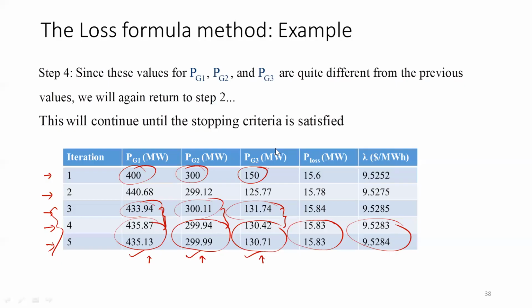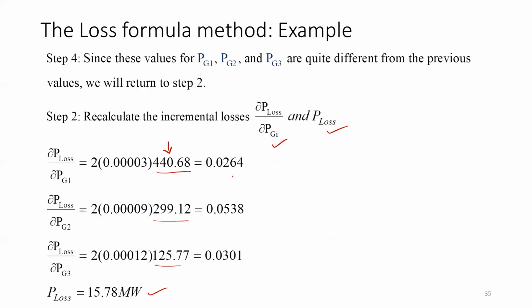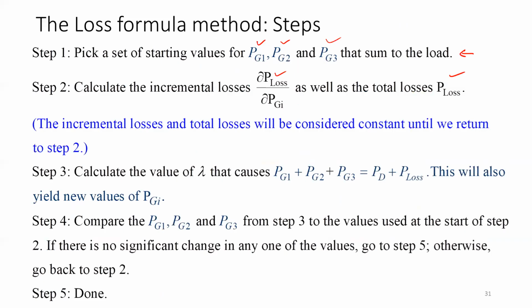Sir, for the initial values, there can be a lot of combinations. So below the value of PD, any combination is suitable? Yeah, you can go for that. Sir, is there any risk of the answers diverging if the initial value selection is wrong? See, your step 1 says to pick a set of starting values of PG1, PG2, and PG3 that sum to the load.